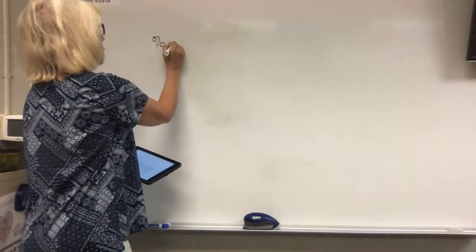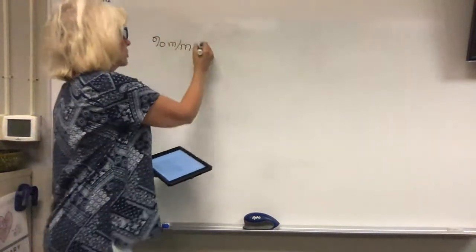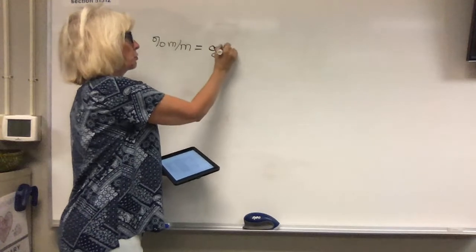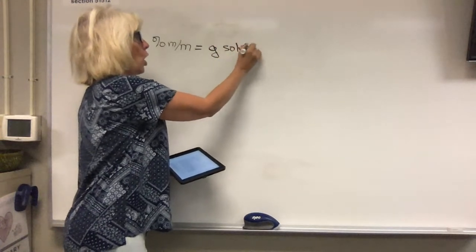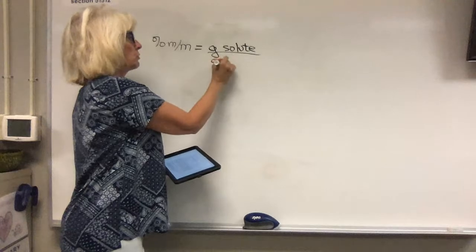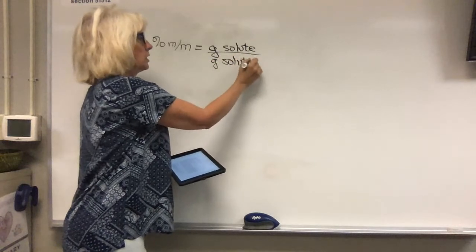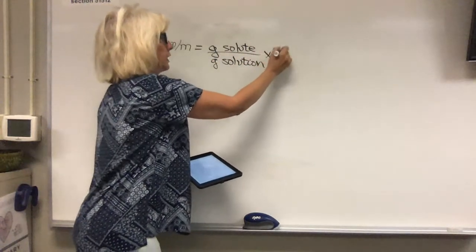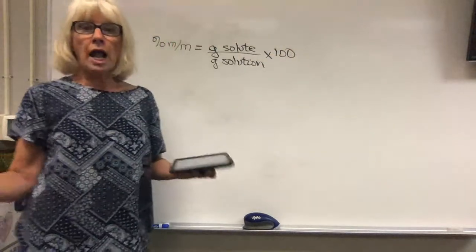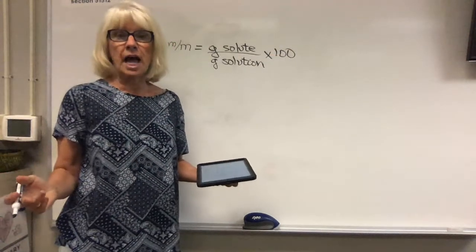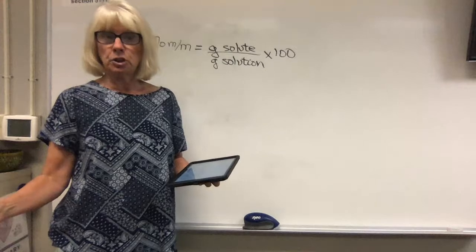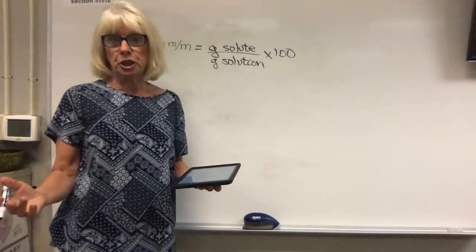So you need to know the formula that percent by mass is equal to grams of solute over the grams of solution times 100. So I have to read the problem now and find out what is the solute and then what's going to be the solution.